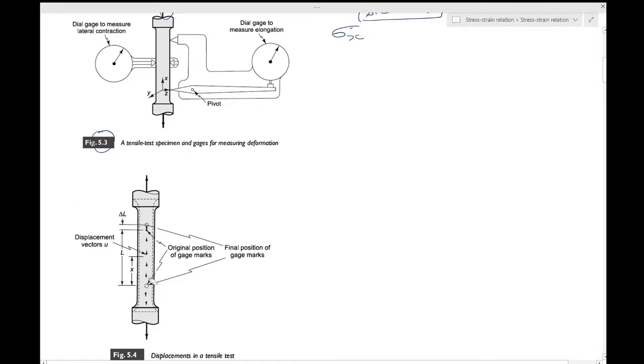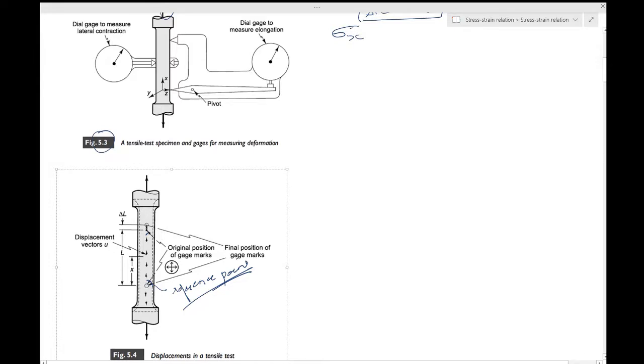This is the original position of the gauge mark, the dot which you see over here, and then this particular one is taken as your reference point, meaning you will measure the displacement of this point with respect to this one. So that's why this is called the reference point.